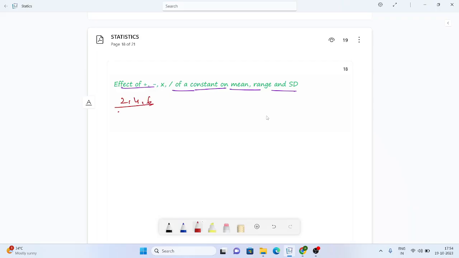Now here is the mean, here is the range, and here is the standard deviation that we already calculated, which is root 8 by 3, right? This we all calculated earlier. For 2, 4, 6, the mean is 4 and the range is 4, right?